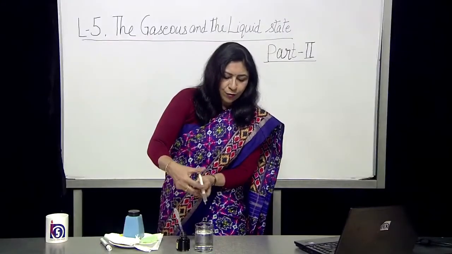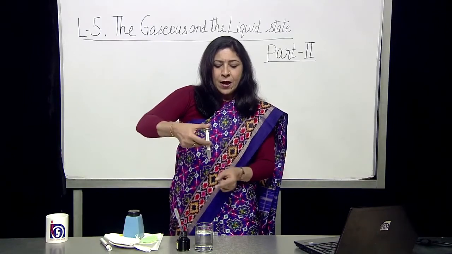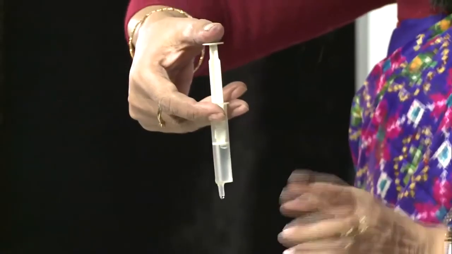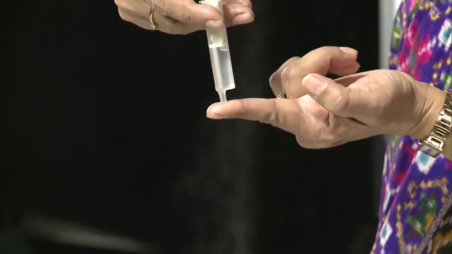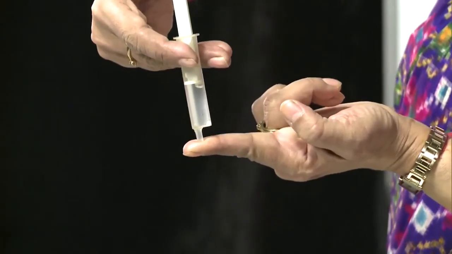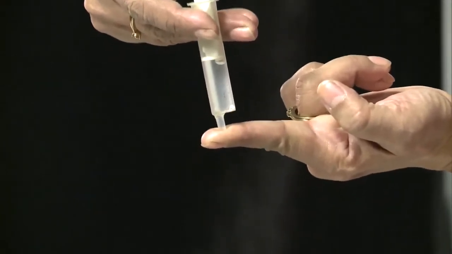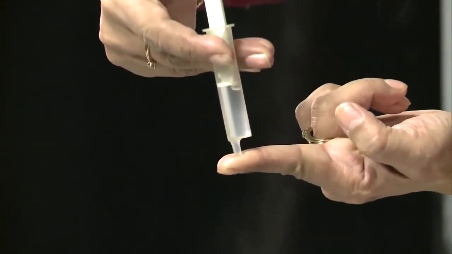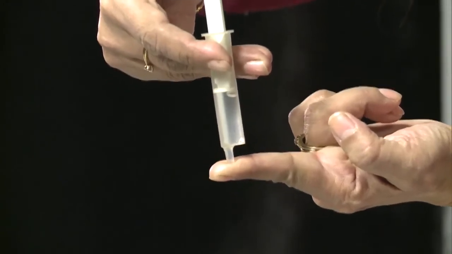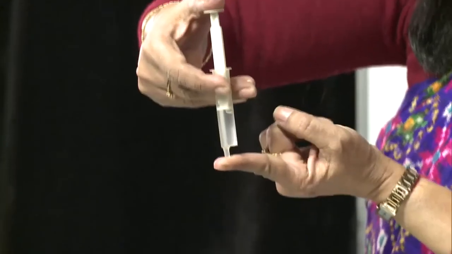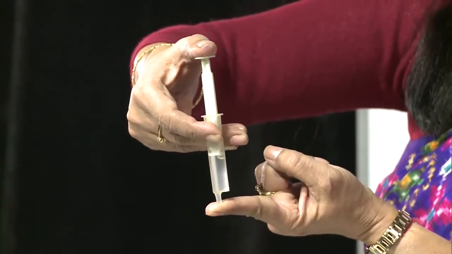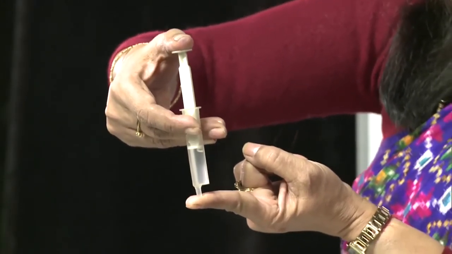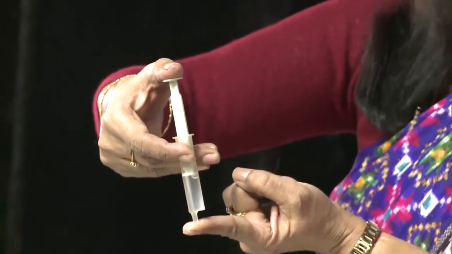You can see the water is over here. This is stationary. Now, I am going to put my finger over here and press the plunger down very forcefully. If you also do this, you will find you have to apply a lot of pressure, and still you will find that it is not going down. So, why? Because they are incompressible.